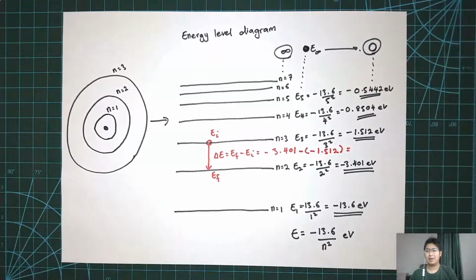Wait for me to calculate the value first. In the meantime, when the energy drops from energy level 3 to energy level 2, certain energy will be released. The energy or the light will be released from the atom.